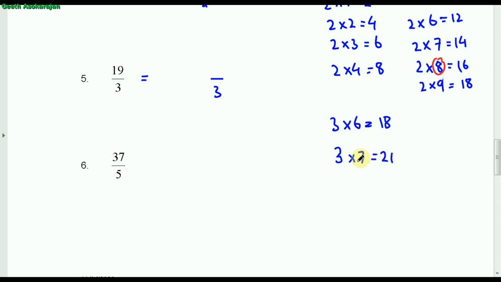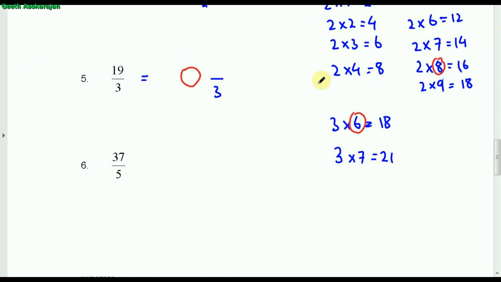It can't be 7 because 21 is bigger than 19. So 3 goes into 19 at most 6 times. Okay, so in this case, I take my red pen, circle that 6, and I write down that 6 here.